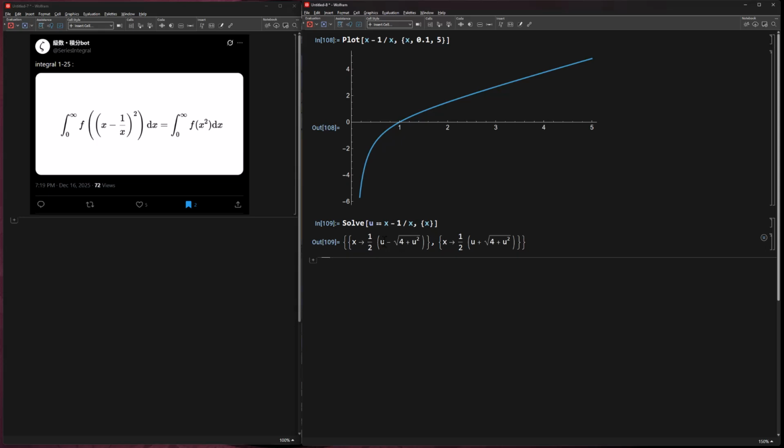One is u minus the square root of 4 plus u squared, and the other is u plus the square root of 4 plus u squared. Okay, so we want to check which one we can use.